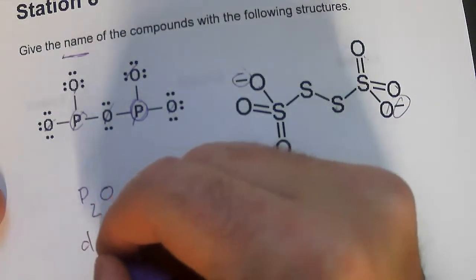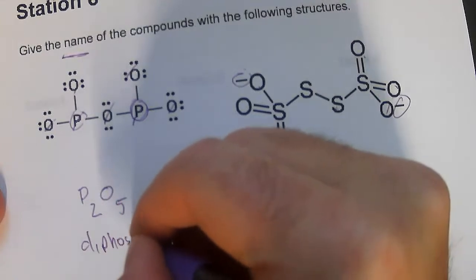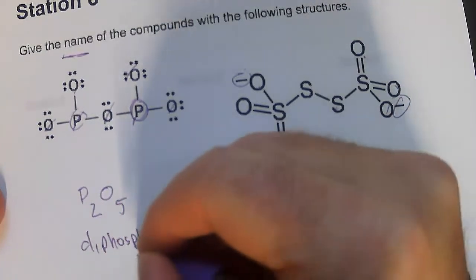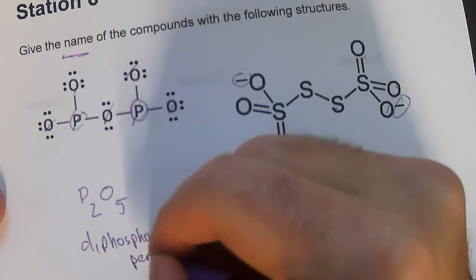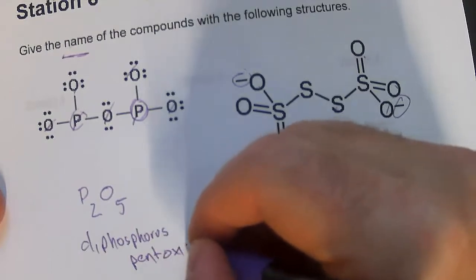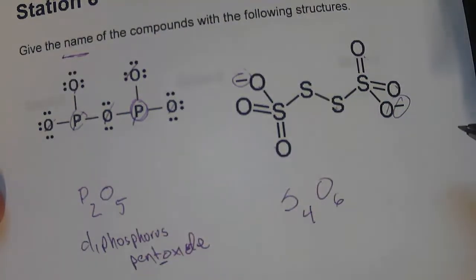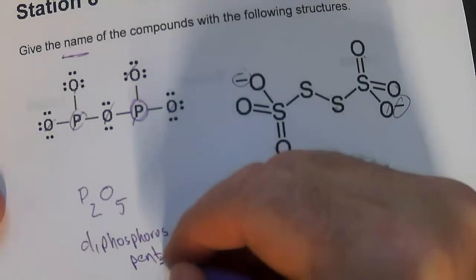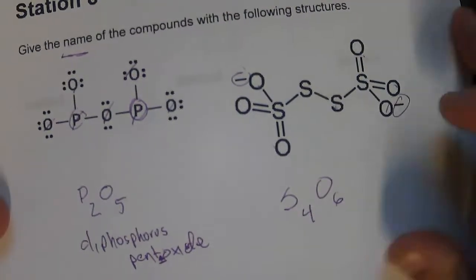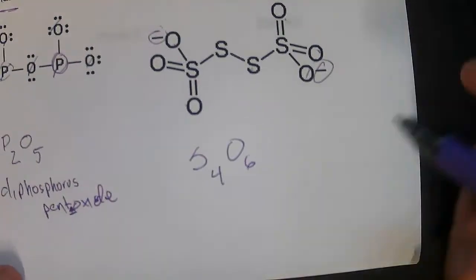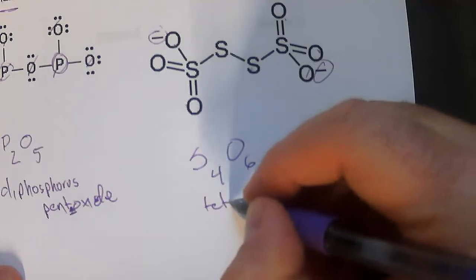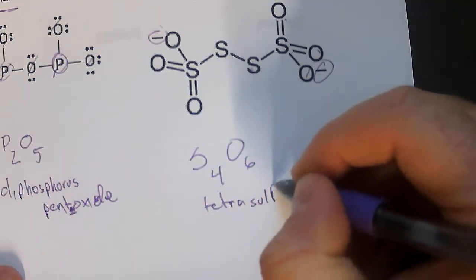So this is diphosphorus pentoxide. Okay? Remember, when it's oxygen, you don't put the A in there. There's no A. It's not pentaoxide. Okay, and then this one, this is tetrasulfur.